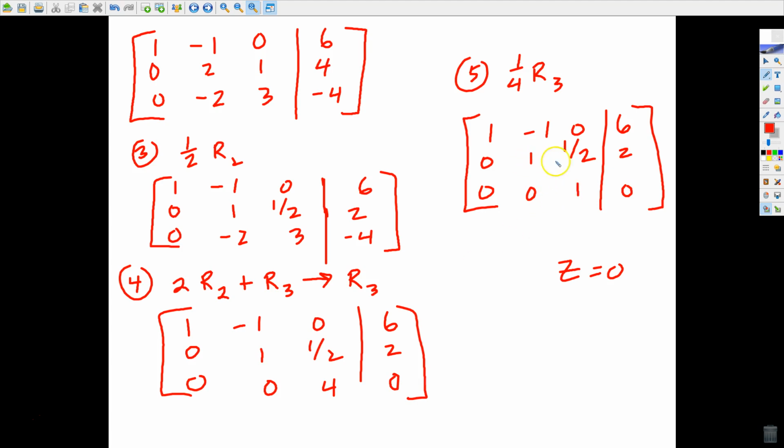Bailey, what would it be? Okay, so let's solve for y. We know what z is. Oh, I don't know why I wrote 0. So Bailey, what's y? Okay, so our answer is going to be an ordered triple.